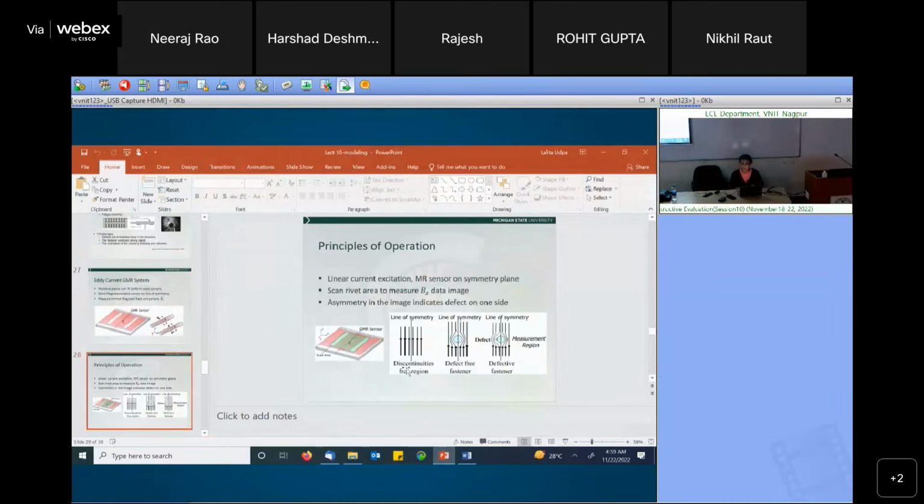When there are no structural defects, the rest of the aluminum, everything is in the linear region. All the fields are tangential. There's no normal component. Normal components are created by the rivets when the field bends down and produces a normal component. That's why we only pick up the rivet signals.